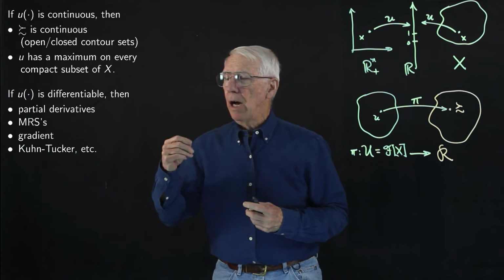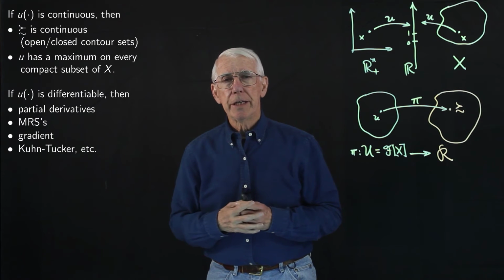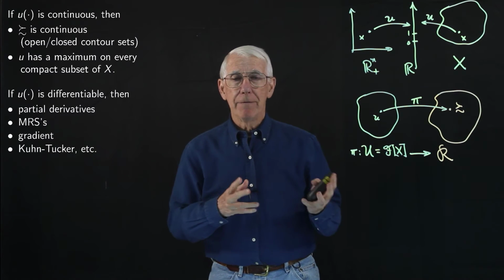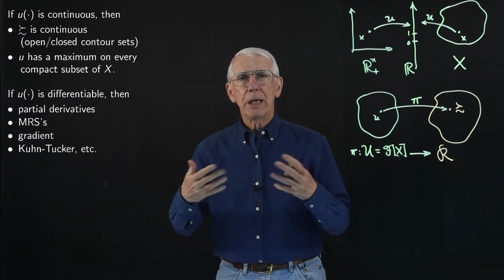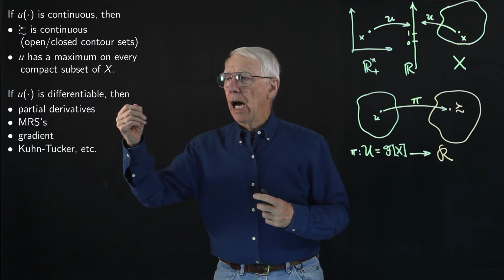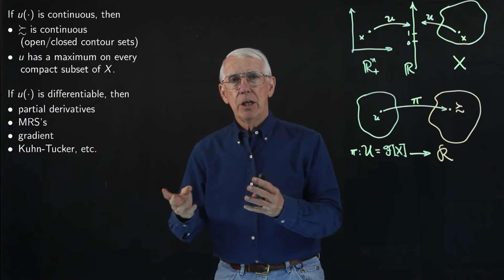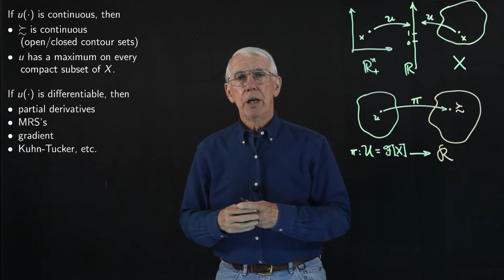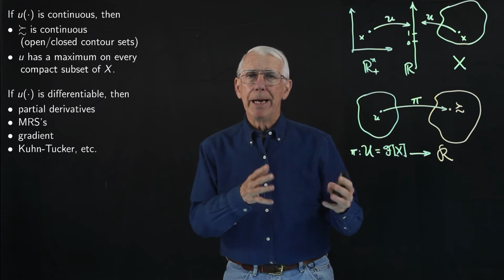Calculus-based tools, optimization tools, for example, like the Kuhn-Tucker conditions, there's the envelope theorem, implicit function theorem. All of those tools become available to us if the utility function is differentiable. And as I said, we use those tools to derive implications about the decision maker's behavior.